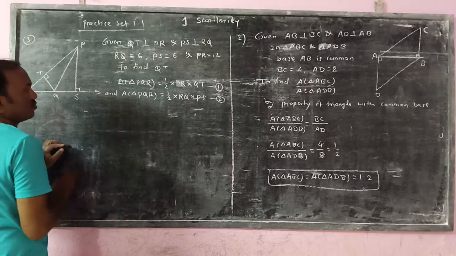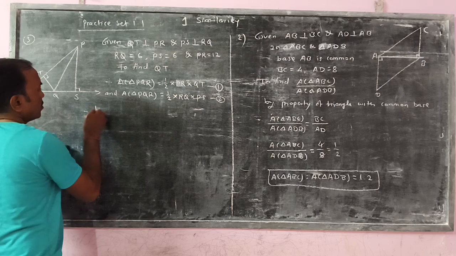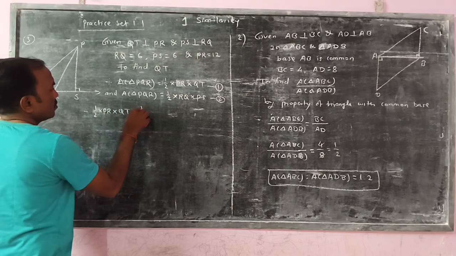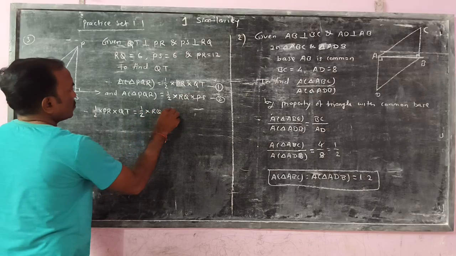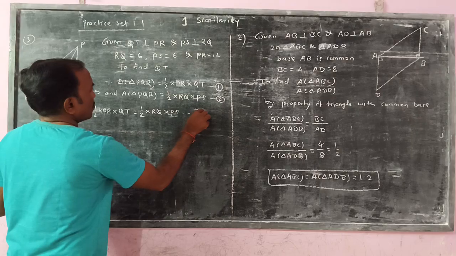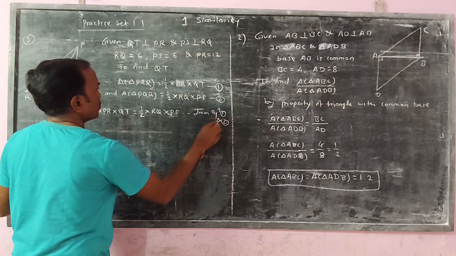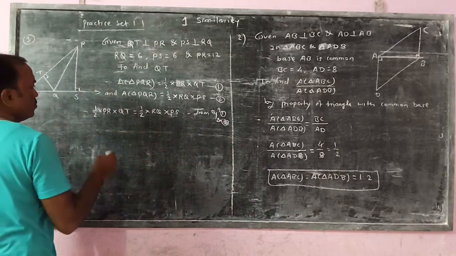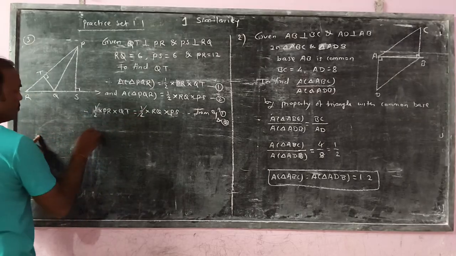From equation 1 and 2, the area of triangles: half into PR into QT equals half into RQ into PS. Now, the halves get cancelled.